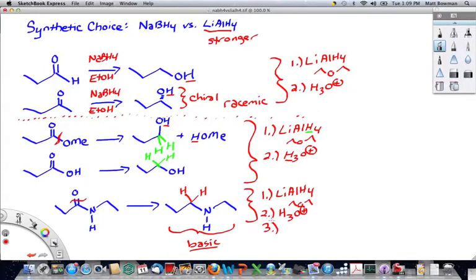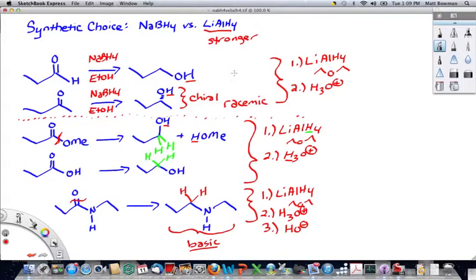So there's a third step. Because you have an acid step and a base step, you have to add in a base reaction to free your basic molecule out. So when it comes to reducing amides to amines, you need to have that third step right there.